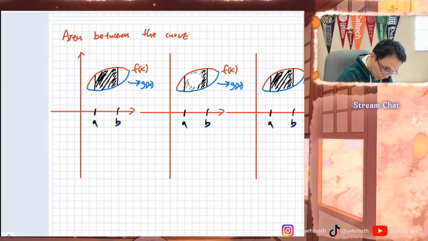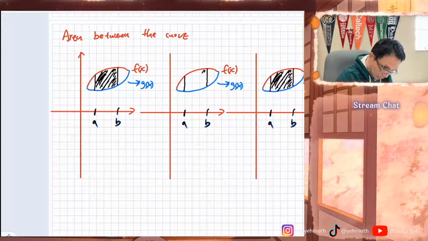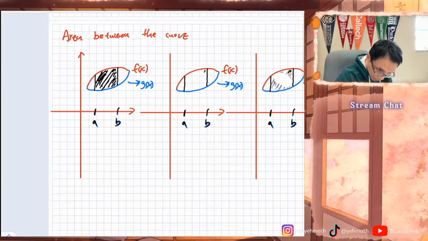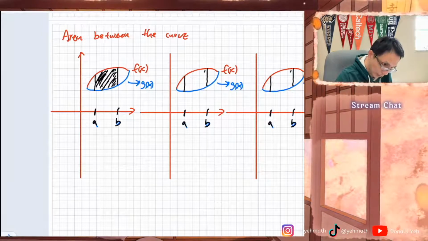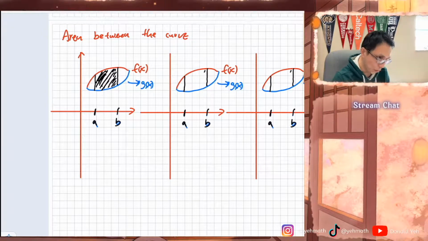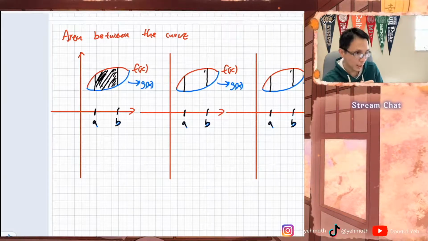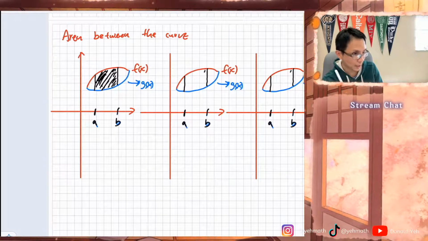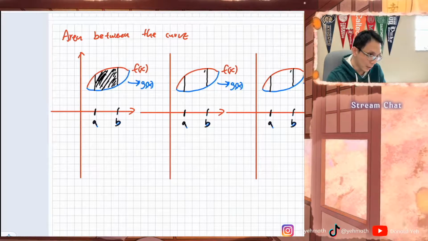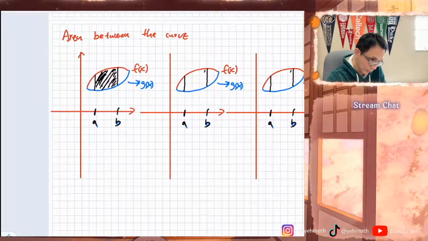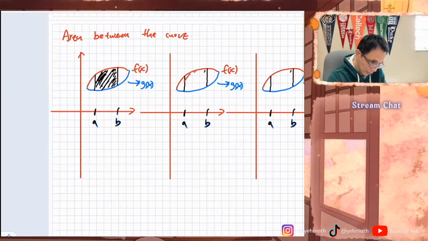So what happened is, first thing is, just like what Andrew says, if I do integration of f of x between a and b, I will get this red shaded region, from here to right here.